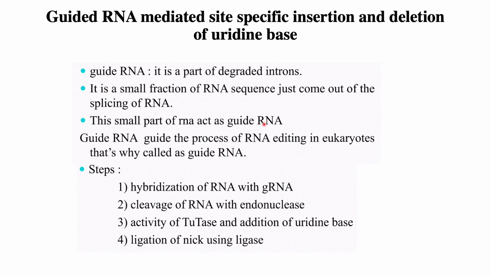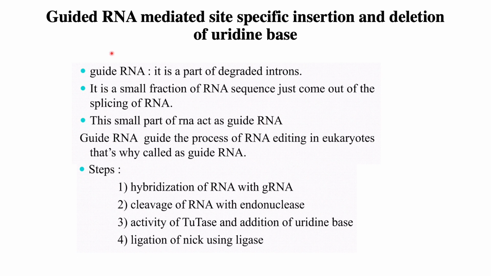This is the guide RNA in biological systems, whereas in several technologies like CRISPR, guide RNAs are synthesized to target specific regions. So that's a different thing. But it does the same function, except that this is natural in the biological system, whereas in CRISPR the guide RNA could be synthesized.